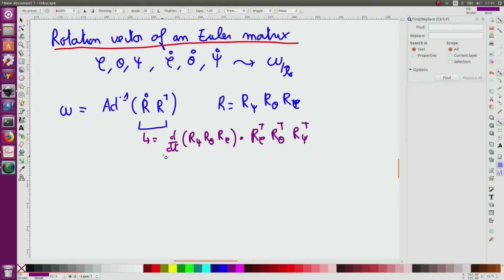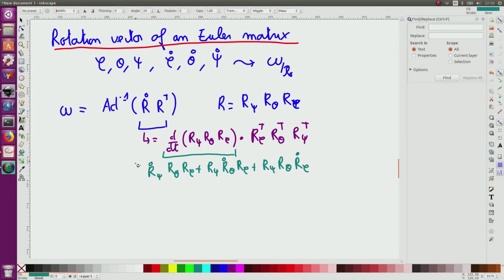Now this one is equal to R dot psi R theta R phi plus R psi R theta dot R phi plus R psi R theta R phi dot.